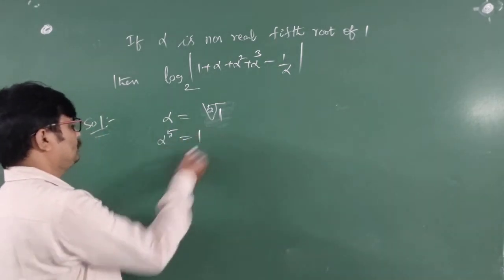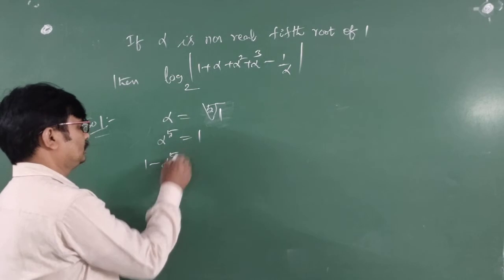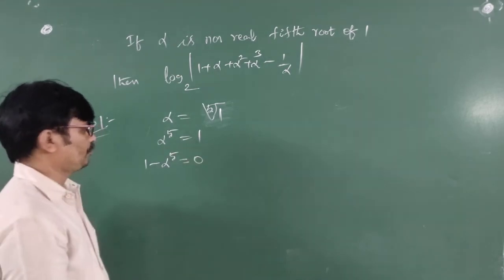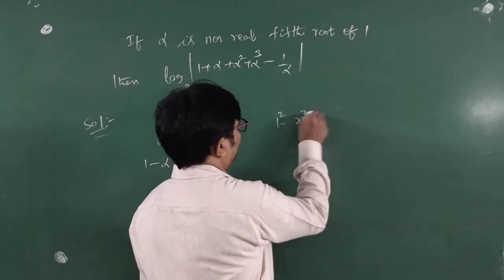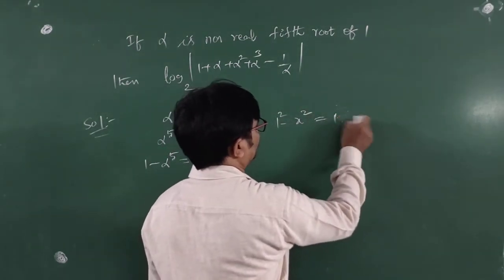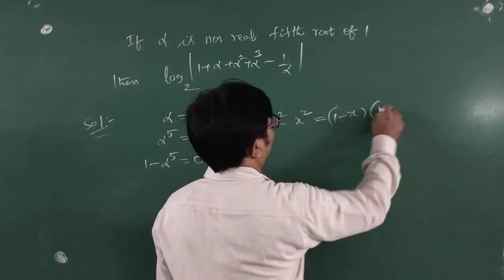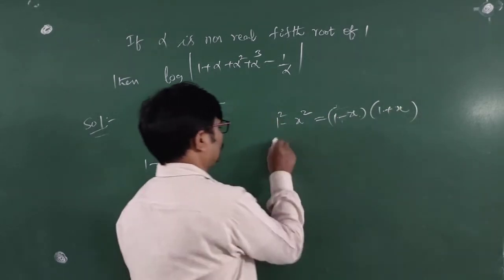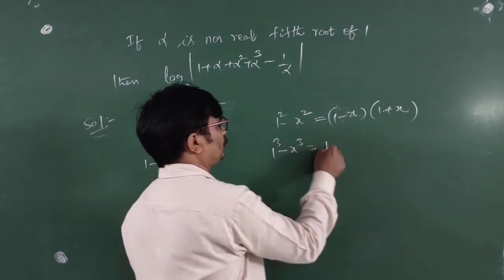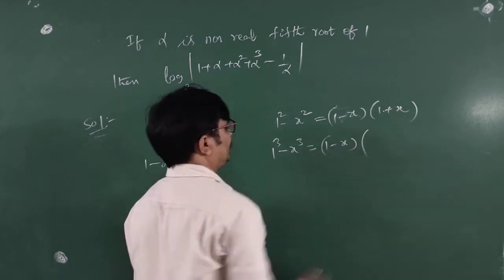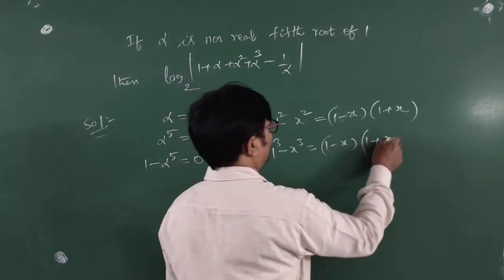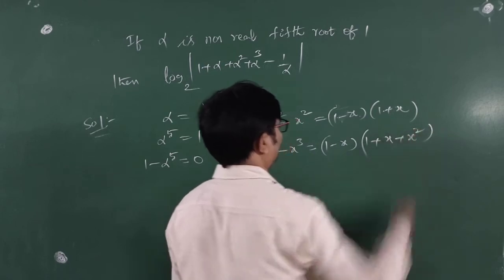So this will be sent to the other side: 1 minus alpha power 5 equal to 0. We know that 1 square minus x square is 1 minus x into 1 plus x. 1 cube minus x cube is 1 minus x into 1 plus x plus x square.